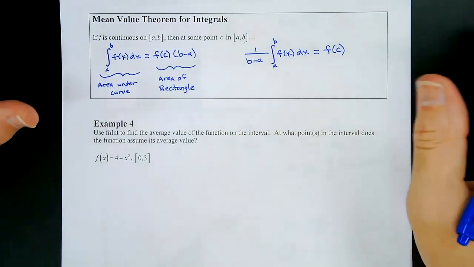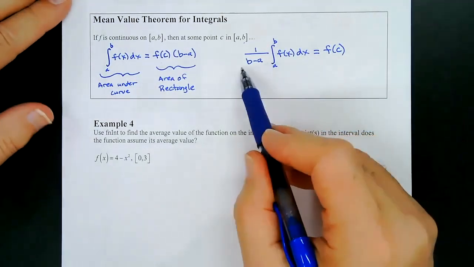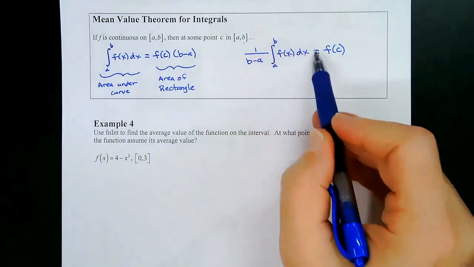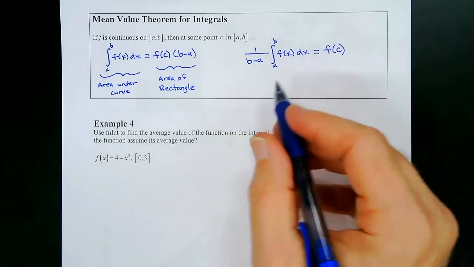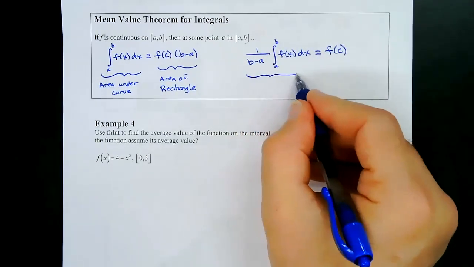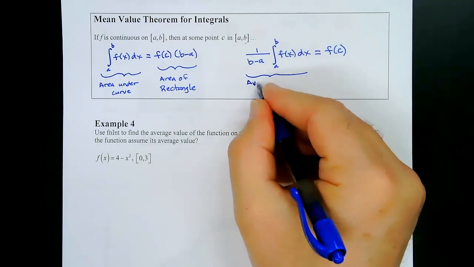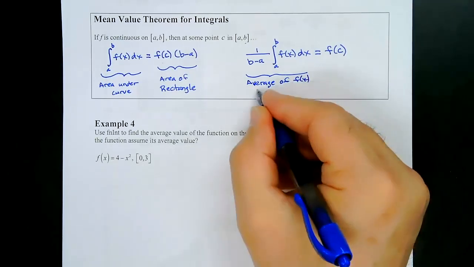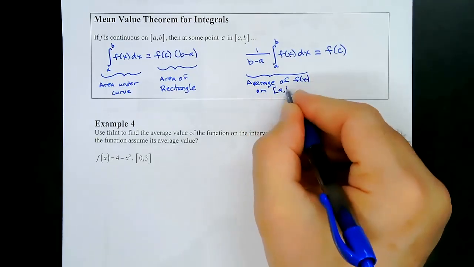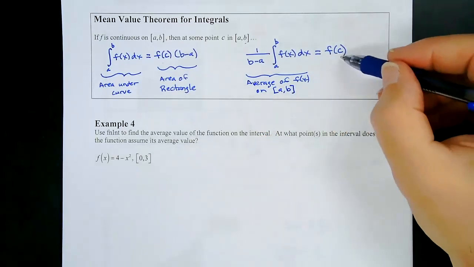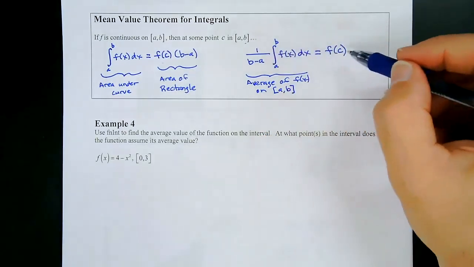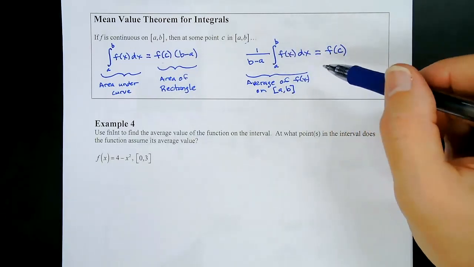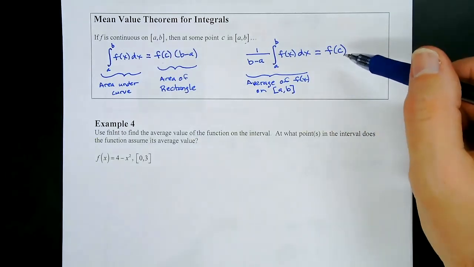So what the heck does this mean? Okay, what is this right here? Well, this is the average of f of x on the interval a to b. This is the average value of f of x between a and b. What this means is that c is somewhere in between a and b. That means that the average value of the function takes on some function value.